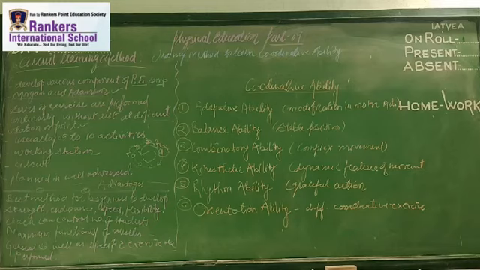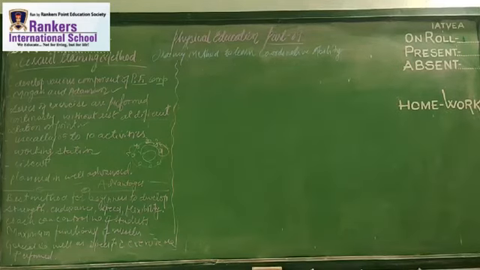Kinesthetic ability is the dynamic feature of the movement. Rhythm ability is the graceful action. And orientation ability is performing different kinds of coordinative exercise to show a partial movement in a complex manner. Got it? So I hope it is clear what coordinative ability is and what the types of coordinative ability are. Got it, dear students?